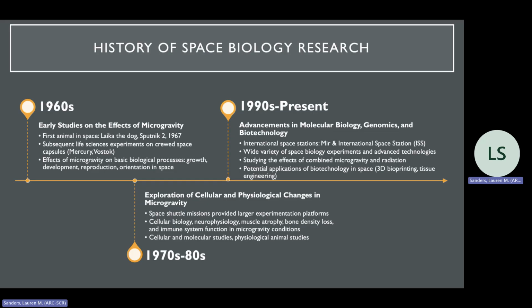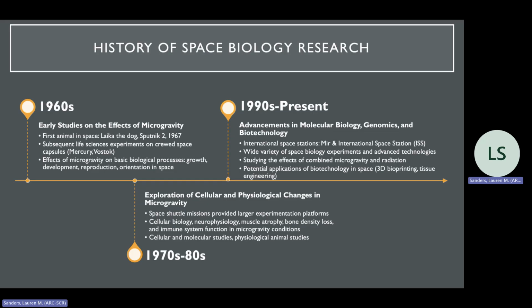We really didn't know what was going to happen to a human or an animal or a plant under these altered gravity conditions. So studying growth, development, reproduction, orientation, are plants even able to grow in space? So a lot of great early data came out of these decades.